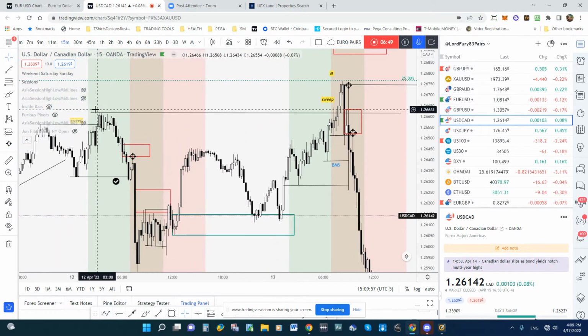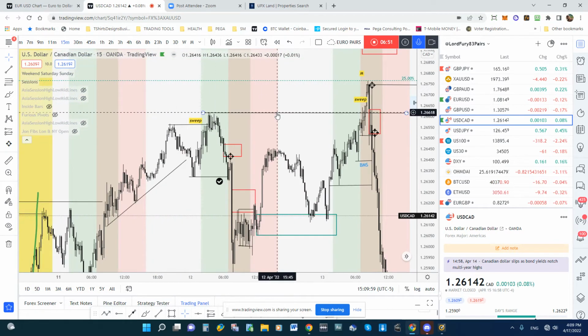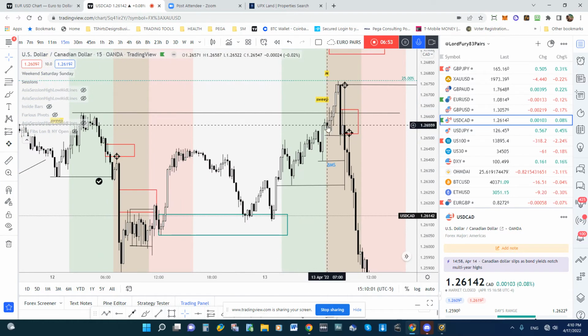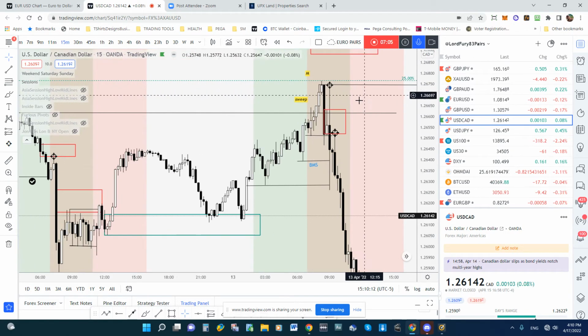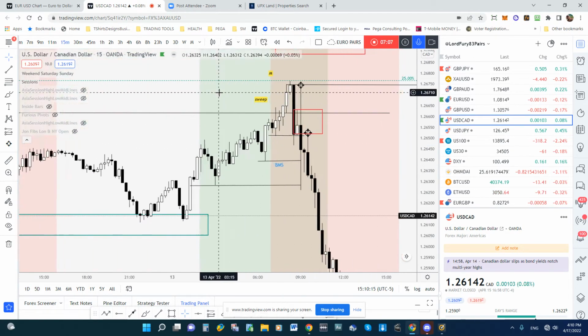This one takes out the previous high of the previous day. When people see this break, they're going to try to get in on a retracement because of break and retest, right? And then they get smoked. Then they go into FOMO and it goes back up and they get smoked. So it's just a bunch of manipulation.